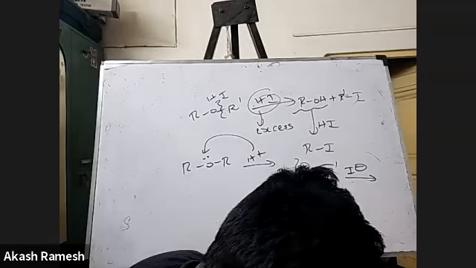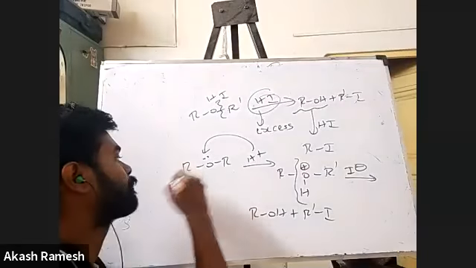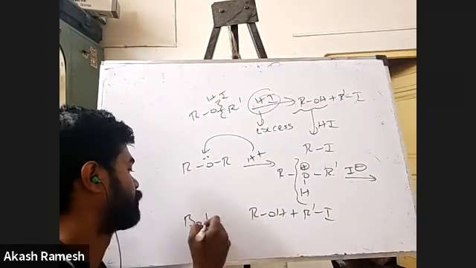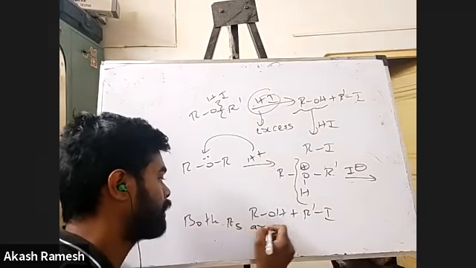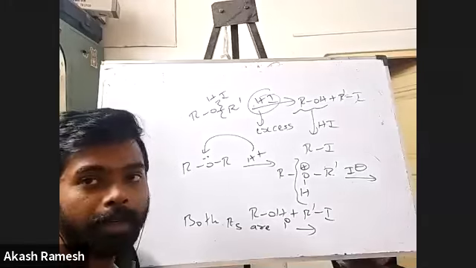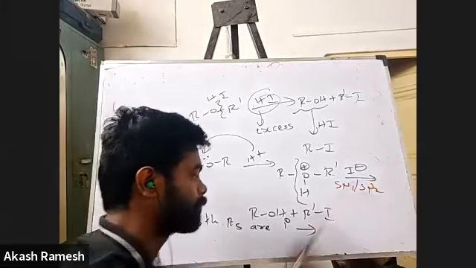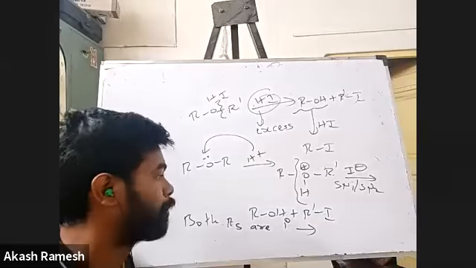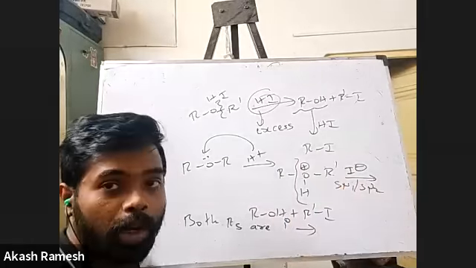So if both alkyl groups, if both R's are primary, I told you this reaction can happen either via SN1 or SN2.